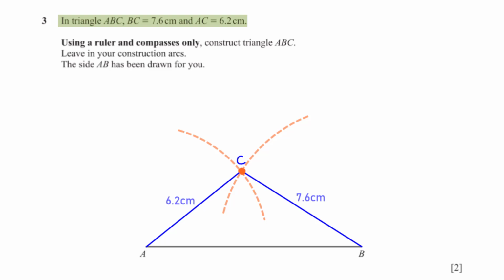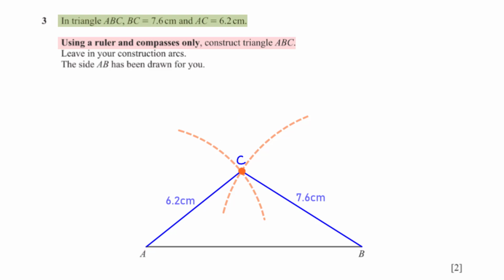In triangle ABC, BC is 7.6 centimeters and AC is 6.2 centimeters. Using a ruler and compasses only, construct triangle ABC. Leave in your construction arcs. The side AB has been drawn for you. So first, open your compass to 6.2 centimeters, stand at point A and construct an arc.